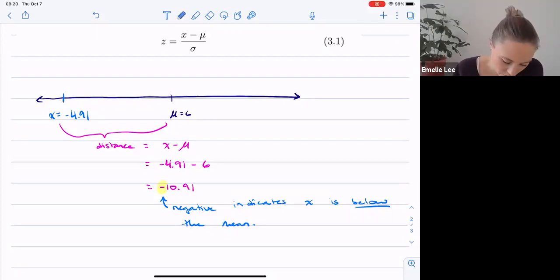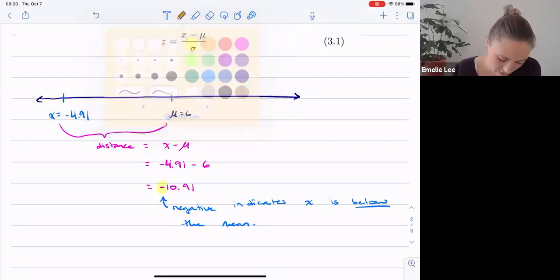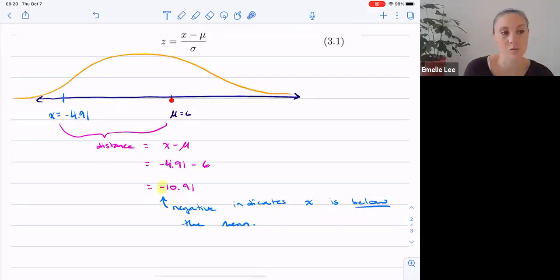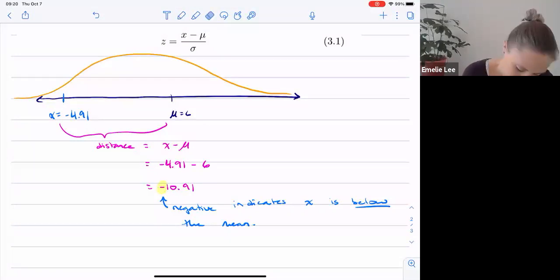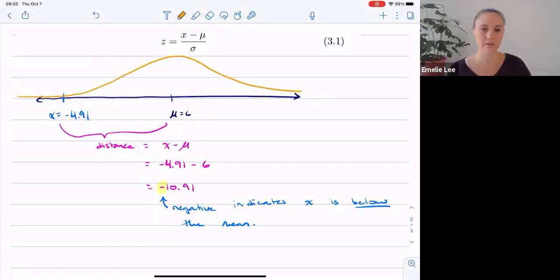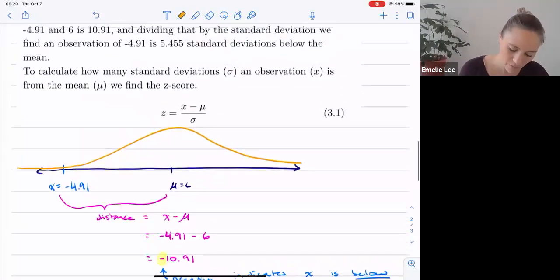So then what we would do here is we would put a number line. That number line is always going to be at the base of your normal distribution, okay? And so it's not going to be that weird. We're just putting a normal distribution on top, eventually.